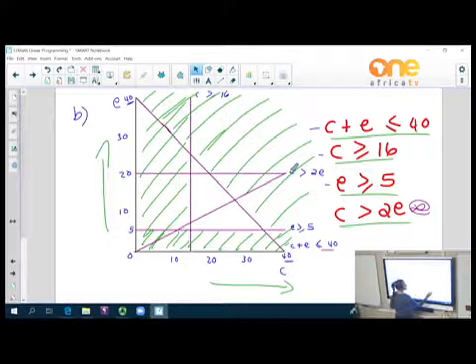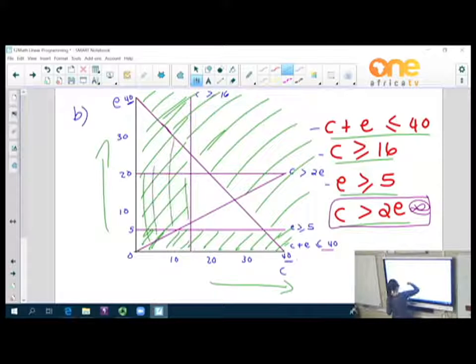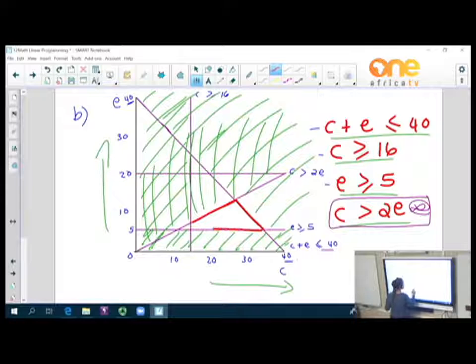So that is this C is more than 2E. And then we need to shade our unwanted regions. Again, C is more than 2E, so that will be this part. Which means for the wanted region, we are left with this little part here in the center.